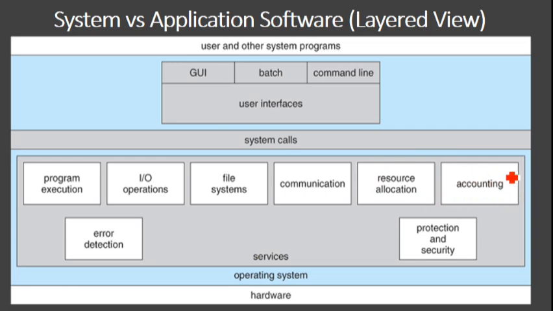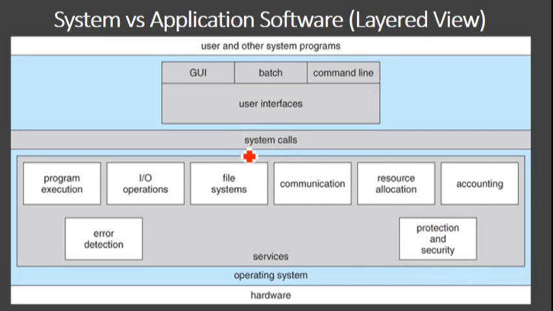Accounting information gives a history and track of all the information regarding the resources given to the processor. Another function of the operating system is error detection and error correction. It detects the error and automatically provides a way for the error to be overcome. How the error should be overcome is handled by the operating system. The operating system also provides protection and security from unauthorized users.